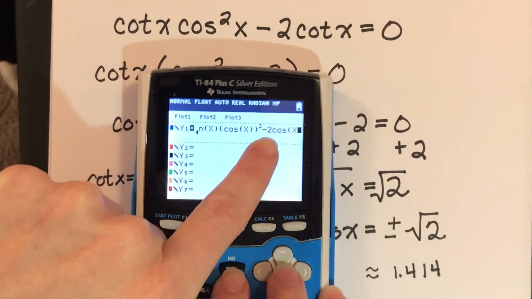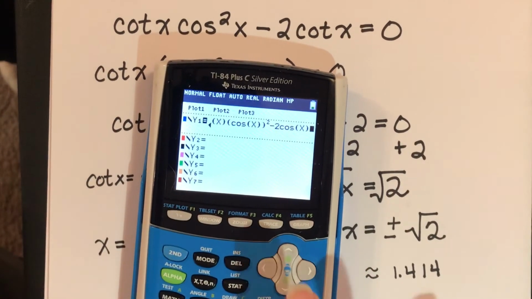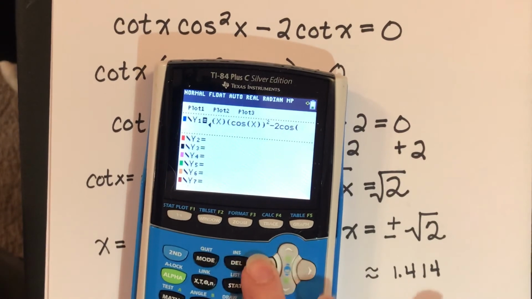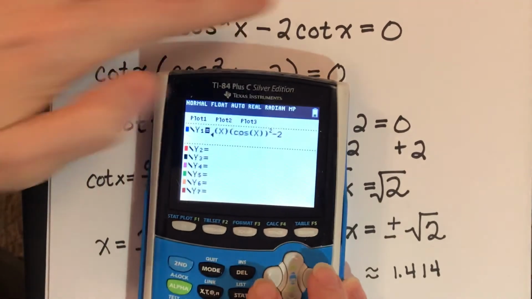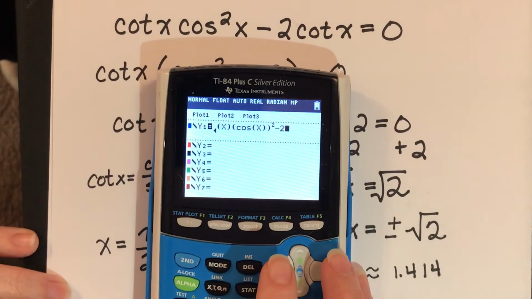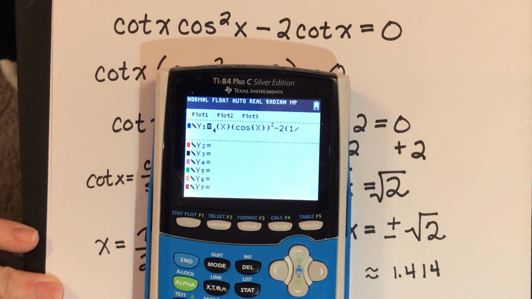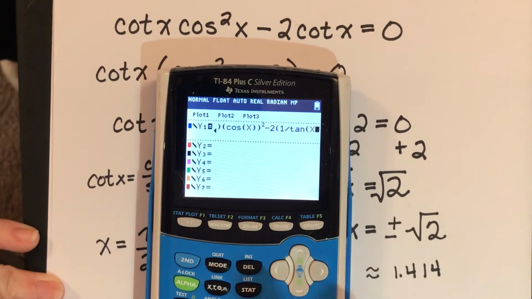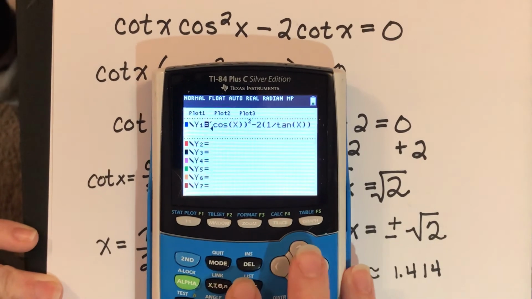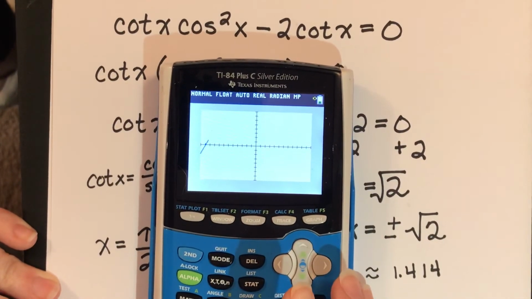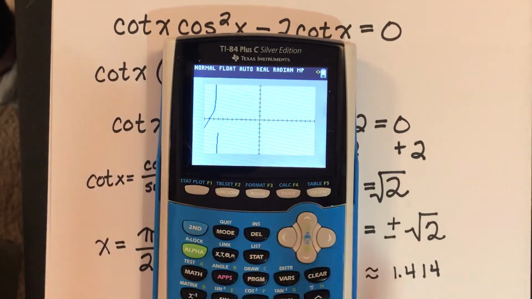It should have been cotangent. So let me delete that. I knew that looked wrong. All right, so this should be 2 cotangent, right? So again, that would be 2 times 1 over tangent x. Sorry about that. There, that looks better.